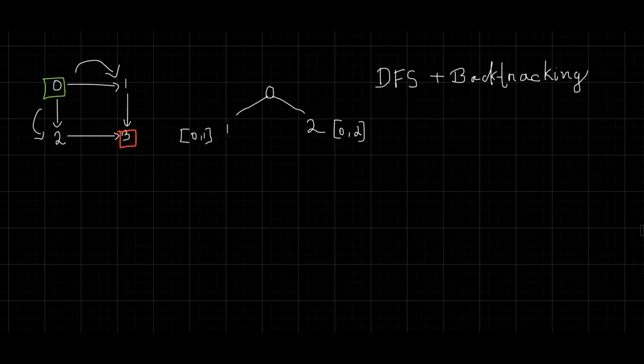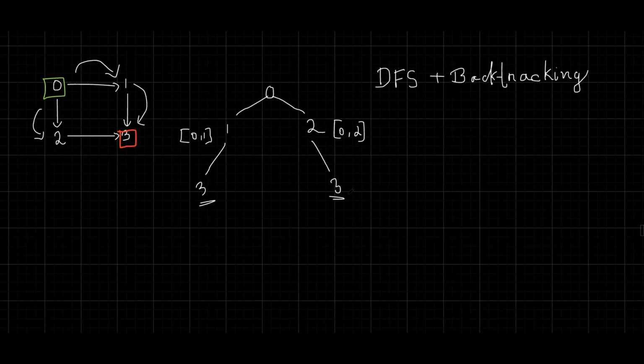Now, is either 1 or 2 equal to 3? No, it is not. So we don't have to stop the iteration and we will continue. Now, from 1, we can reach the node 3, and from 2, we can also reach the node 3. Now, does this equal 3?